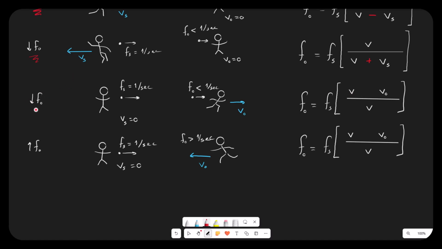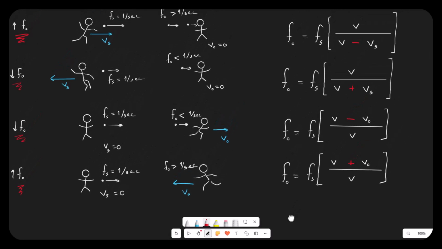If the frequency observed is going to decrease and I'm messing with the top of my fraction, I can make the whole value smaller by subtracting in the top of my fraction. So I want a minus sign. If my observed frequency is going to increase, then I want a plus in the top. Those are really all the cases that I can possibly be working with.